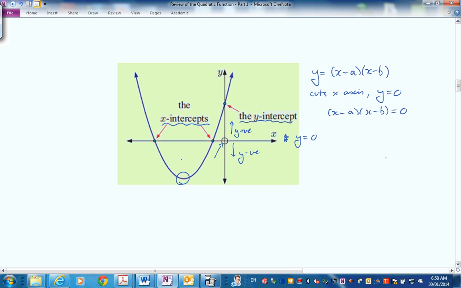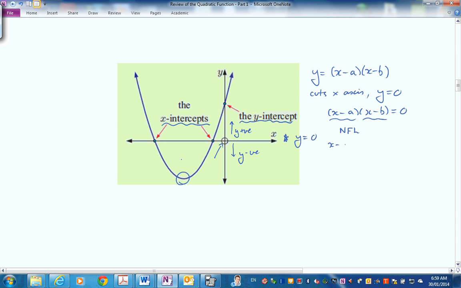There we go. And how can a product of two terms be 0? Hey, this is the null factor law. Nothing to do with rugby, mate, or gridiron, or wherever NFL is, but there you are. The null factor law says, if a product of factors is 0, one of them must be null.